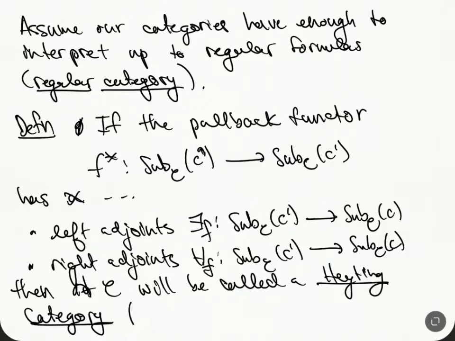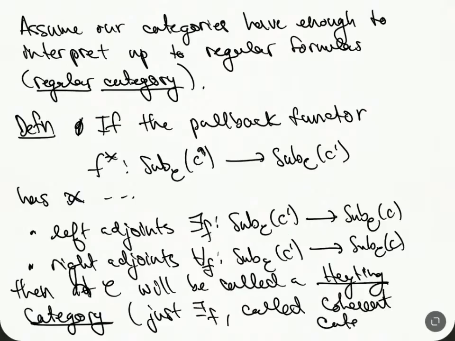Okay, if it just has this one here, it's called a coherent category. So I guess you get the idea. Depending on how much structure you have, you rename your category.